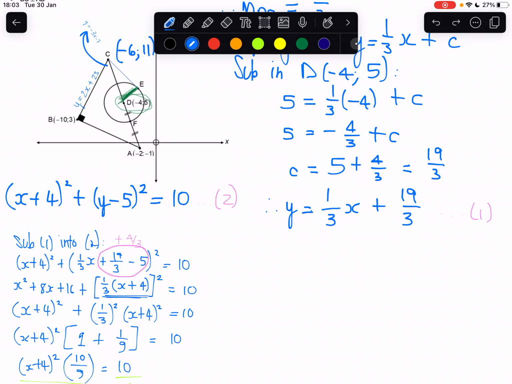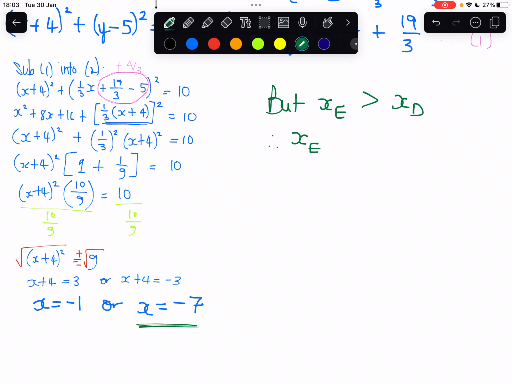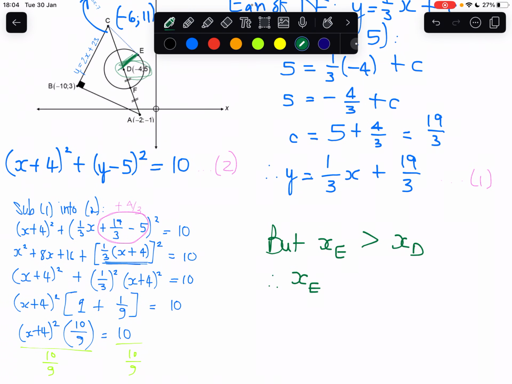The x coordinate of E is greater than the x coordinate of D. So let's look at what our options are here. It can't be negative 7 because negative 7 is smaller than the x coordinate of D, which is negative 4. So it must be negative 1. So it is this guy. So the x coordinate of E is negative 1.